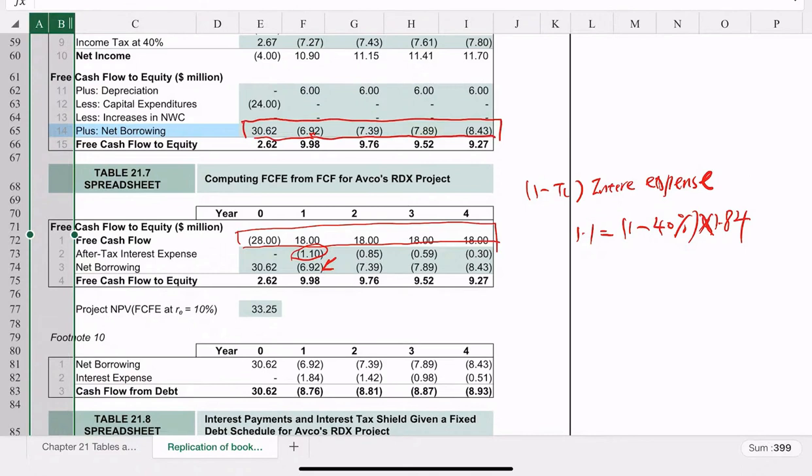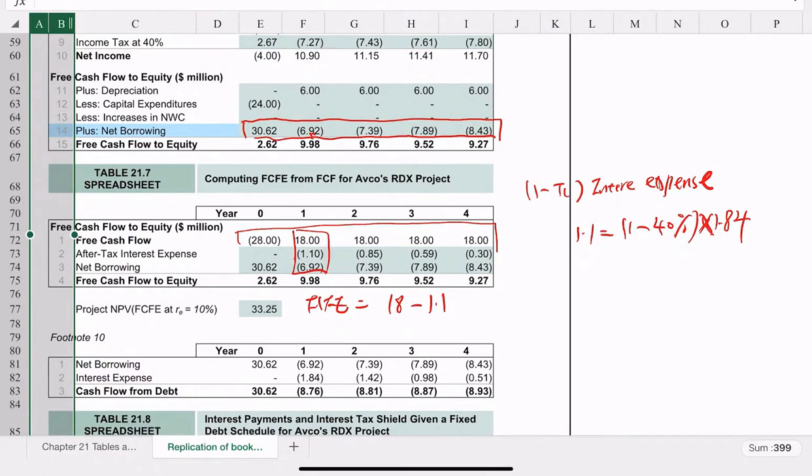And now, given all these numbers, all these components, we can calculate the free cash flow to equity, right? So, for example, for year one, the free cash flow to equity equals the firm's free cash flow minus the after-tax interest expense plus net borrowing.